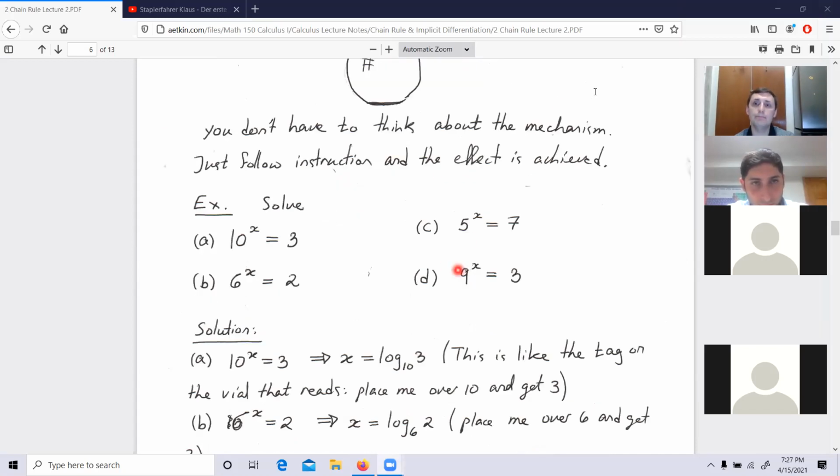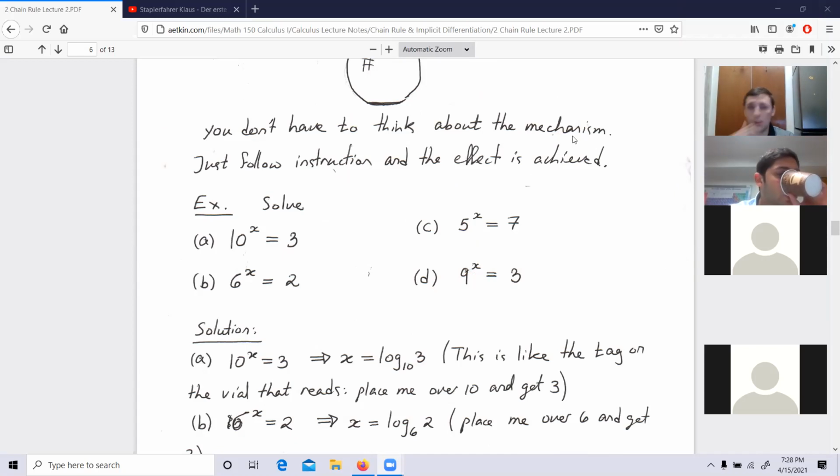For c, log base 5 of 7. And for d, what is log base 9 of 3? 1/2, right?